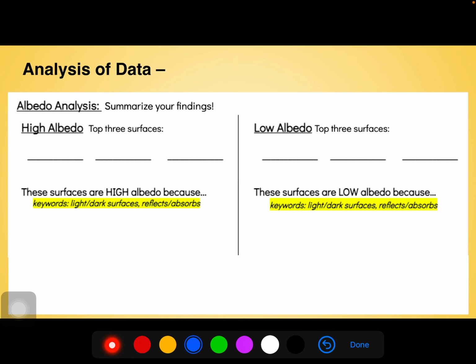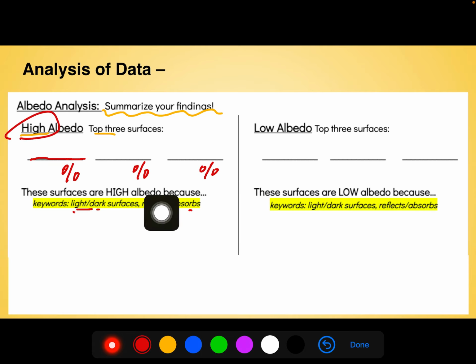The last piece that you have is just to pull everything together here, do a little summary of your findings. So looking at your data, list out the highest top 3 surfaces. So here you can put in whatever that surface is along with the percent. And then pull together just a quick summary, finishing the sentence using the keywords that match for the high albedo, either light or dark, reflects or absorbs.